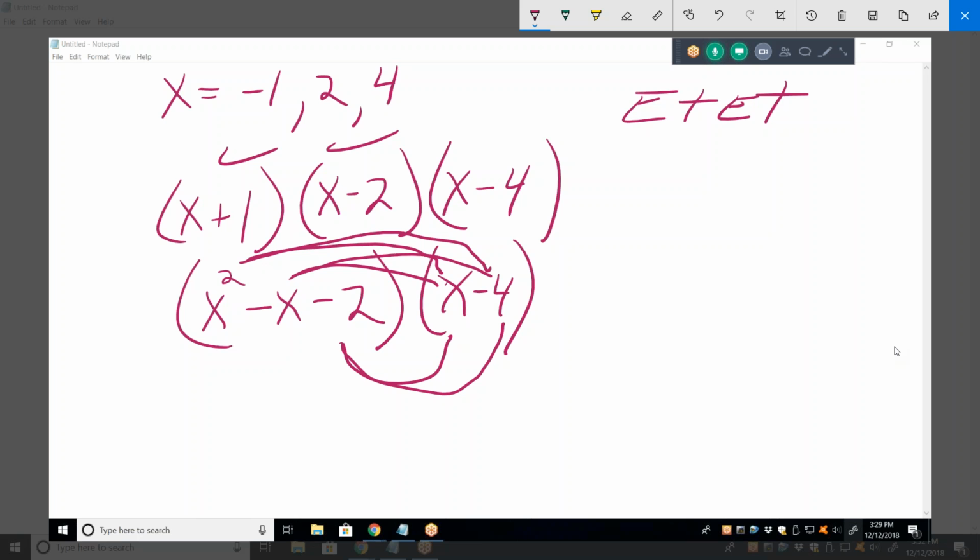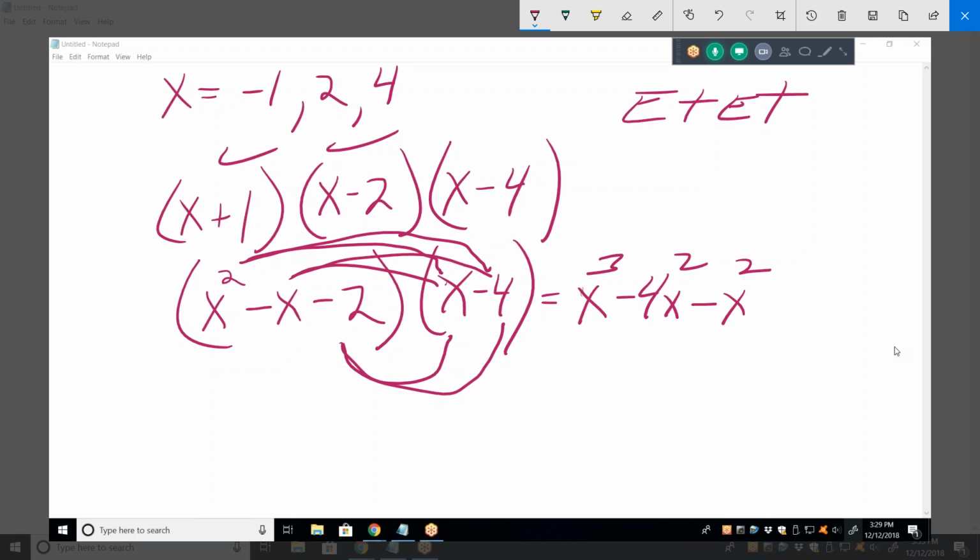So let's do it. What do you get? x squared times x, you've got to add the exponents: x cubed. And then x squared times -4 is -4x squared. -x times x is -x squared, add the exponents.